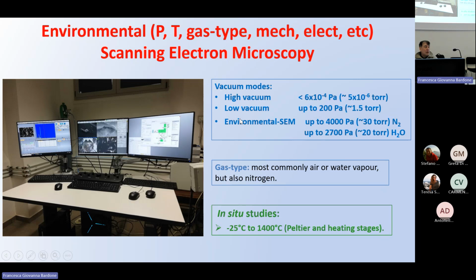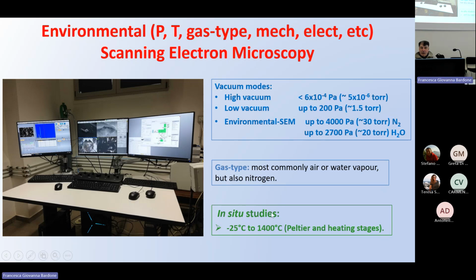And you can work with environmental SEM up to 30 torr as a function of the type of gas: nitrogen, water vapor. Most commonly, we use air or water vapor. But you can plan whatever type of experiments using the gas you need.